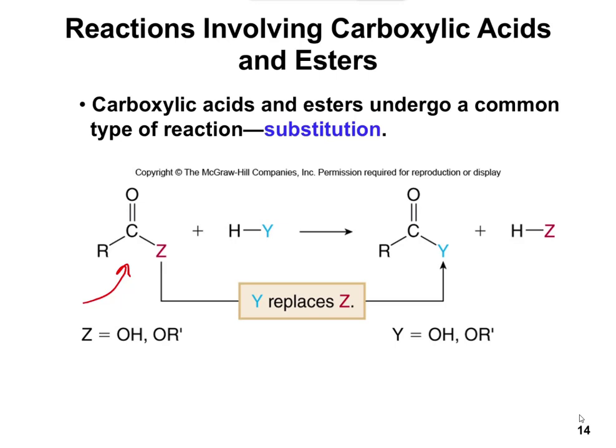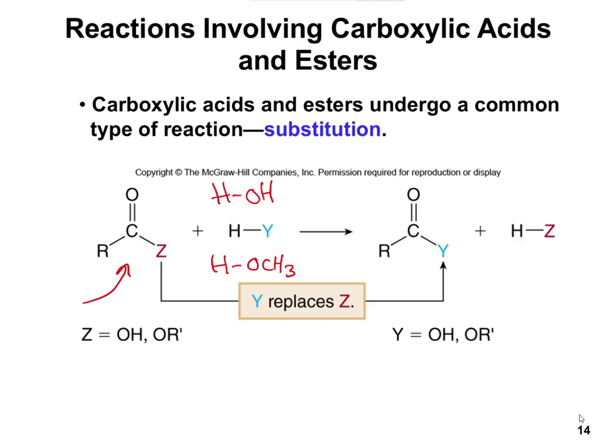And then you also have this HY, where Y is something very general. Probably the two most common ones we're going to see are H2O, where Y is an OH, or Y being an alcohol, so that would be CH3 with an OH attached, which would make that an alcohol.